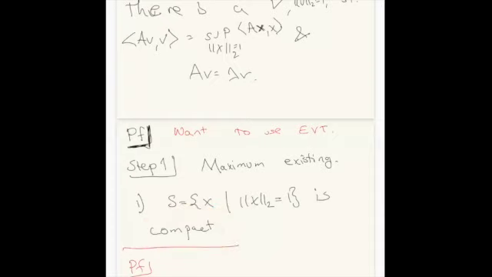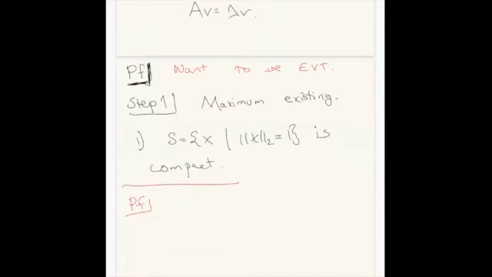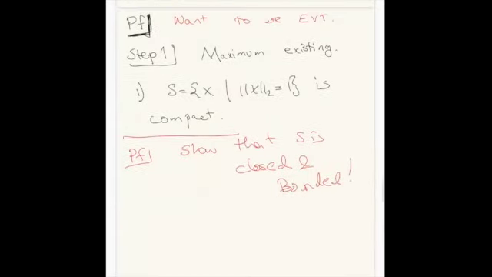Why is it compact? To show that it's a subset of R^n, we have to show that it's closed and bounded. Each we have to check and argue why it's true.